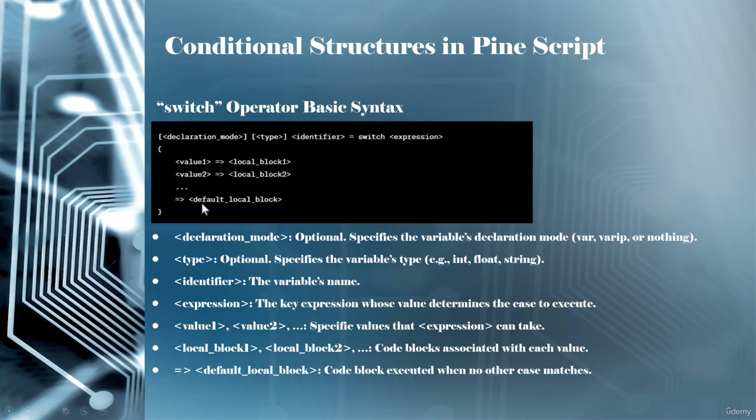The default block is the code executed when no other case matches. That means that if the evaluated expression does not match any of these values, then the default local block is executed and returned and assigned to this identifier.